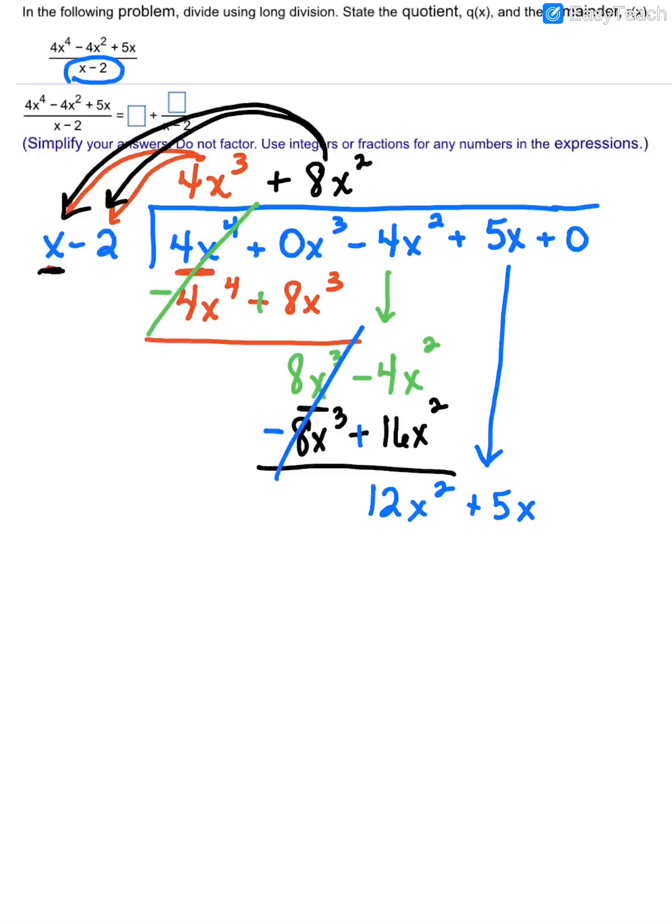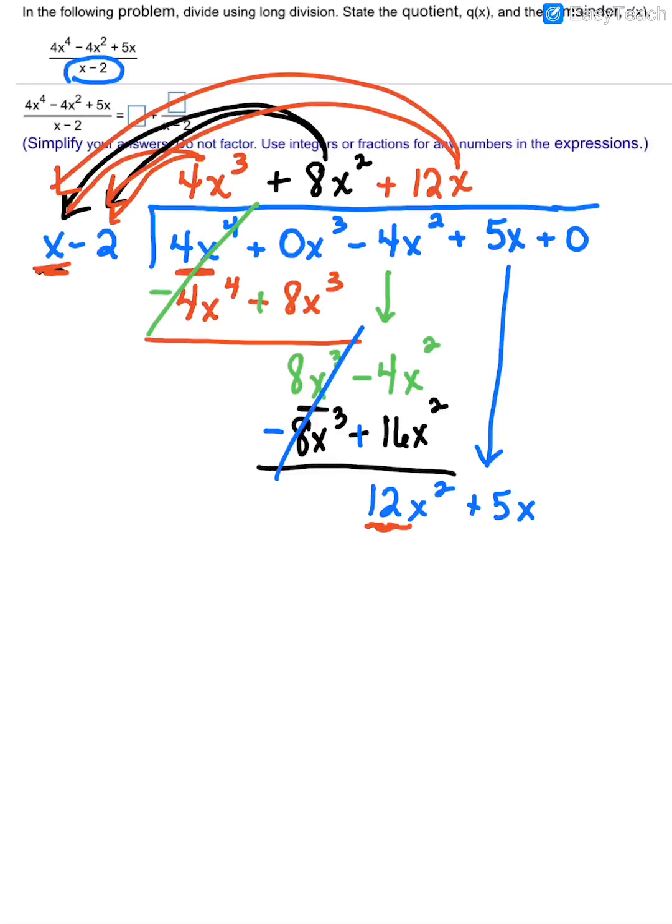So now we are once again looking at only the leading term of the divisor and the leading term here. And we're asking ourselves, x times what would give me 12x squared? So I would need a coefficient of 12 and then just a single x. Now we'll multiply by both terms of the divisor.